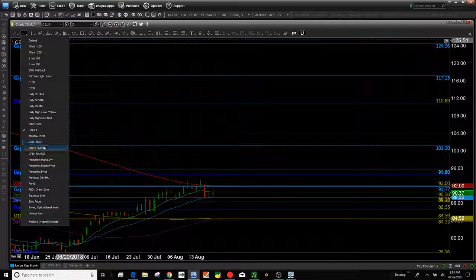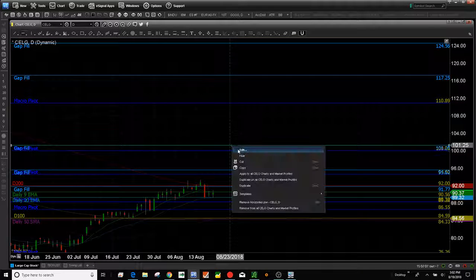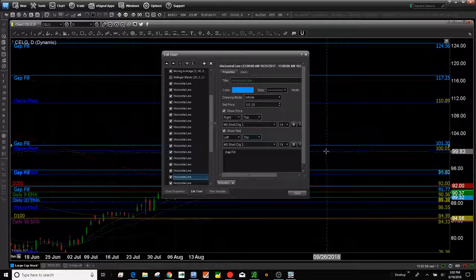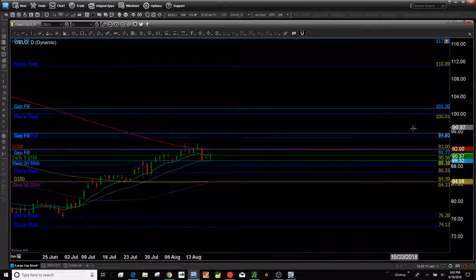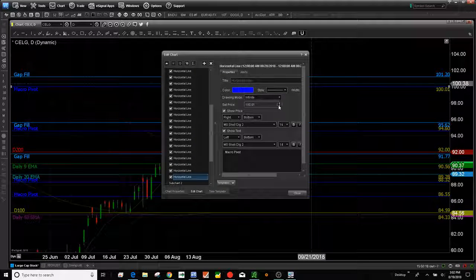And definitely 100 is a macro pivot for sure. It's not an actual line, but because it is the century mark, we're going to mark it as a macro pivot, because I guarantee you there's going to be some buying and selling right at the $100 level here.